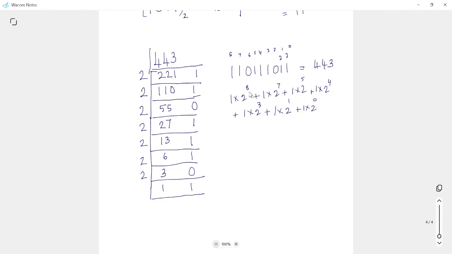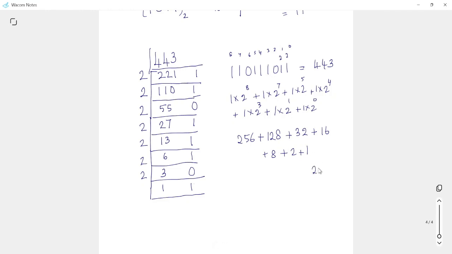So 2 to the power of 4 is 16, 5 is 32, 6 is 64, 7 is 128, 8 is 256. And this is 128, and this is 32, and 16, and we have 8, plus 1 into 2 is 2, plus 1 into 1 is 1.